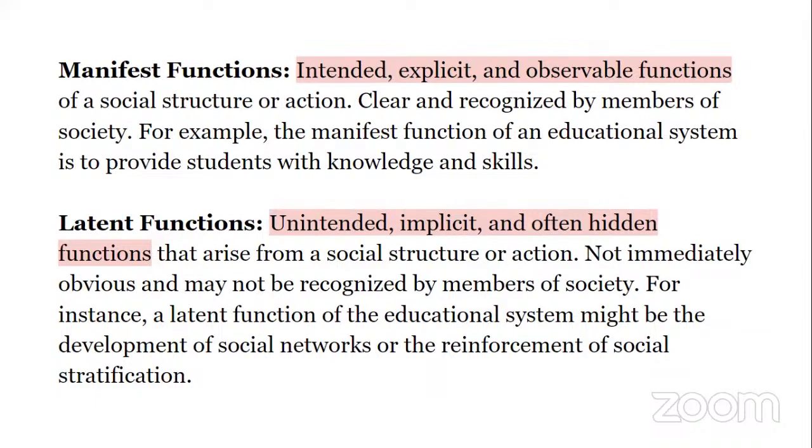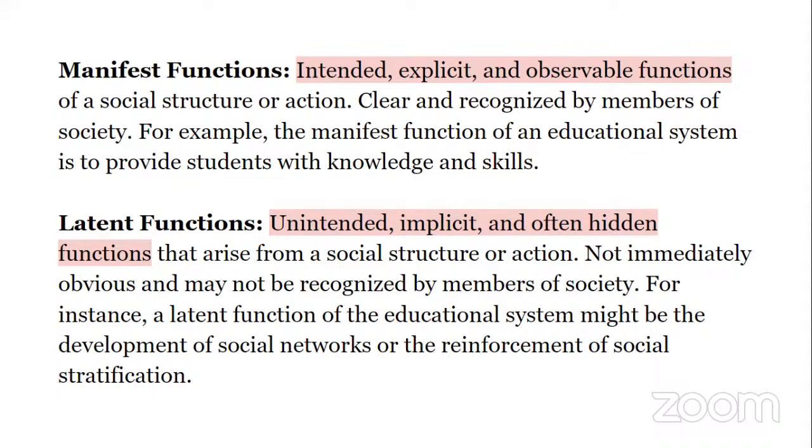But latent functions, on the other hand, means unintended, implicit, or hidden functions. They are not observable or obvious. We talked about the manifest functions of a school, but schools also have some latent functions.